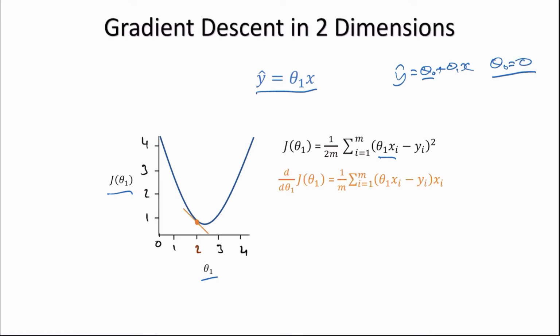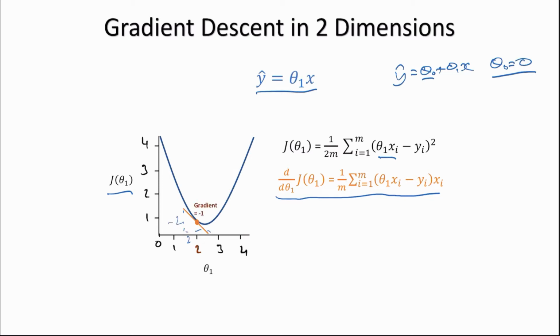If you guys aren't too familiar with how to do derivatives in calculus, don't worry too much, but it's always good to know. Essentially, the derivative gives the slope of a function at any given point. Let's say we wanted to figure out the slope of our function at the point theta 1 equals 2. What we could do is put a point here and draw a straight line at a tangent, and we can calculate the gradient of this line to be minus 2 over 2, which is minus 1.